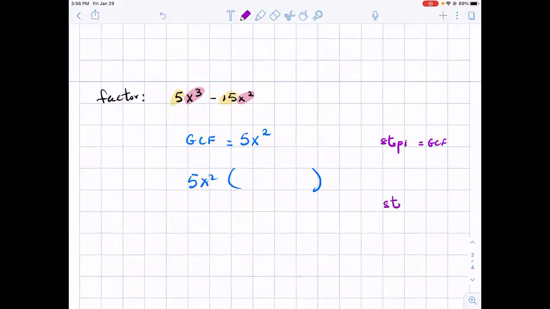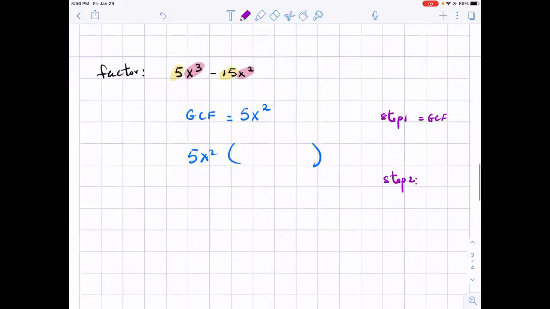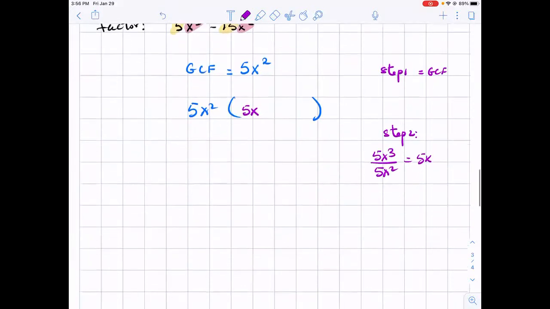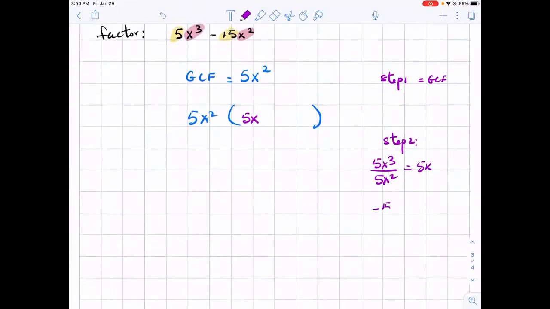And then step 2, we'll take 5x cubed and divide it by 5x squared, the GCF. That will give me 5x. So 5x will be part of the second factor. And then we do the same thing again. We have minus 15x squared, and we divide that by 5x squared. And this will give me minus 3. The x squared will cancel with the x squared, so we have minus 3.